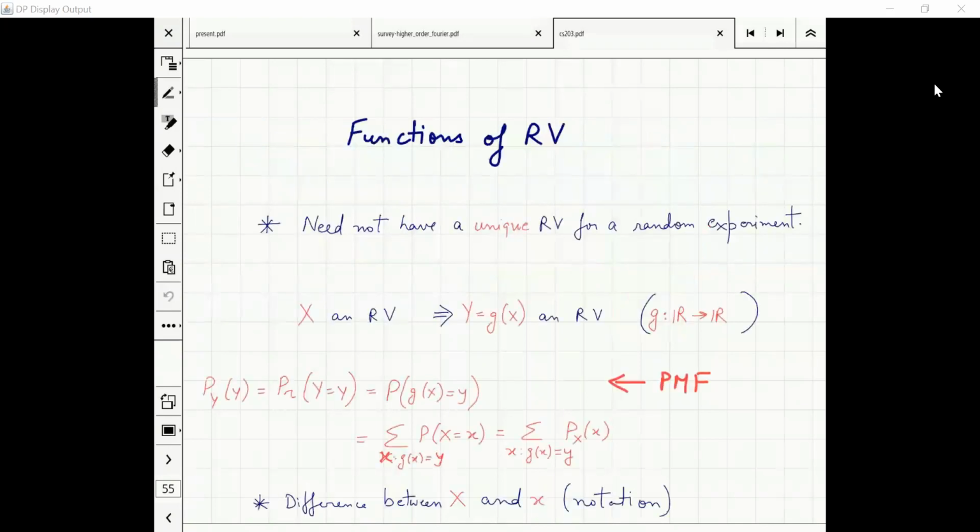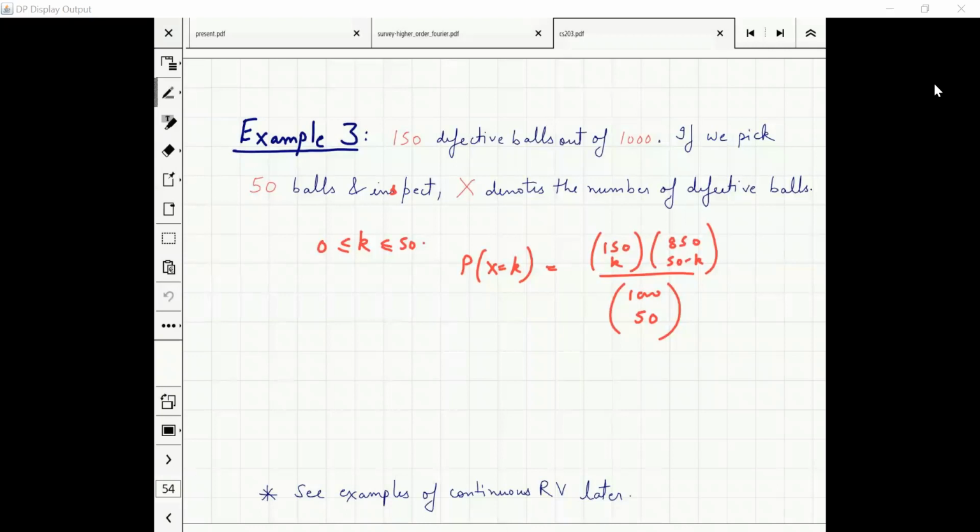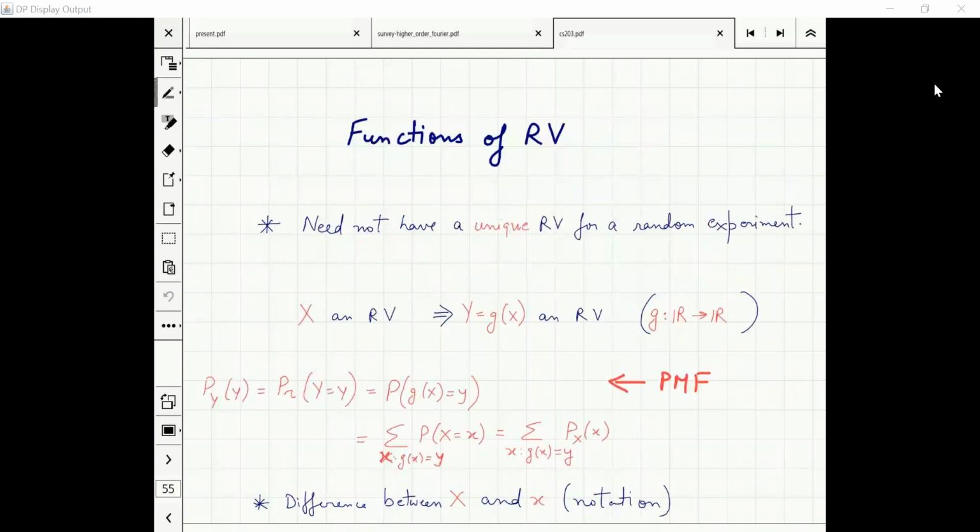Now, given a sample space, how many random variables can there be on one sample space? Like, sir, can you repeat the question? Okay, given a sample space, how many random variables can possibly be there on that sample space?